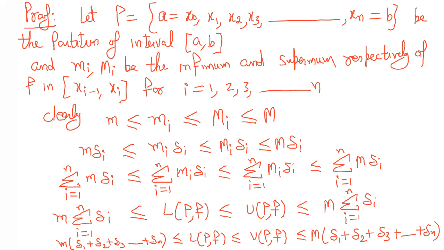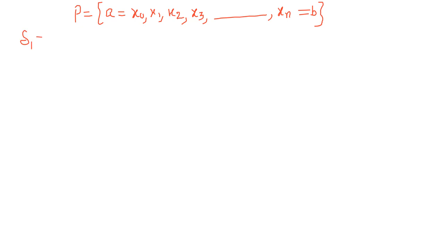Now see, since the partition P is a equal to x naught, x1, x2, x3, and so on, up to xn equal to b, delta 1 is the width of the first subinterval.